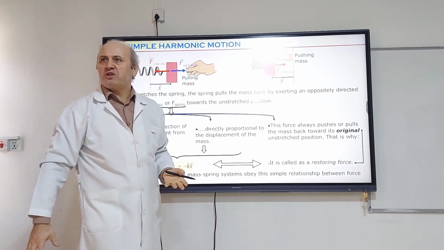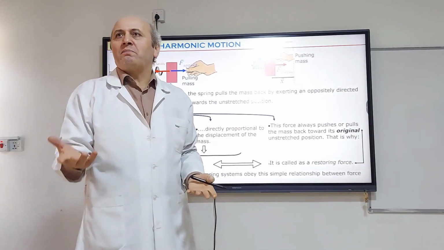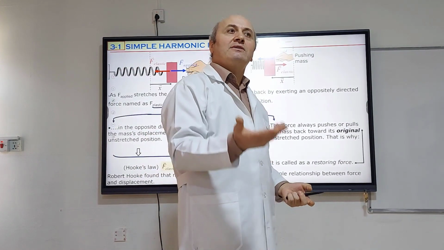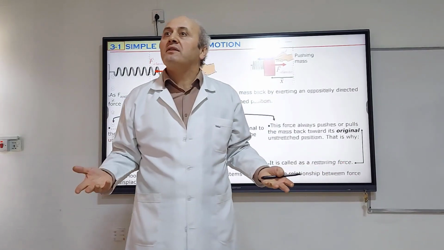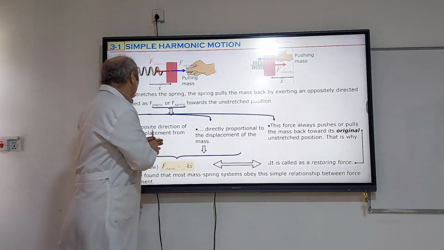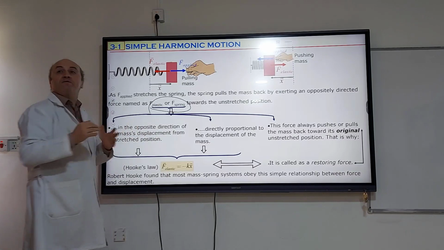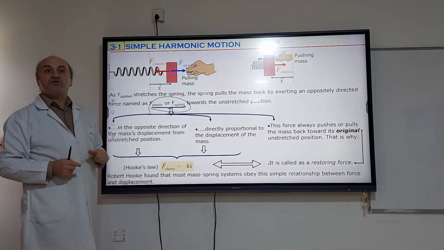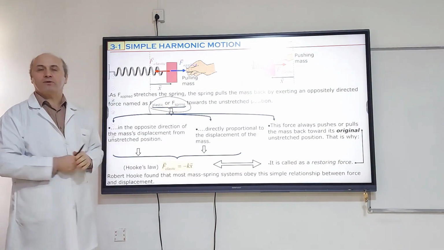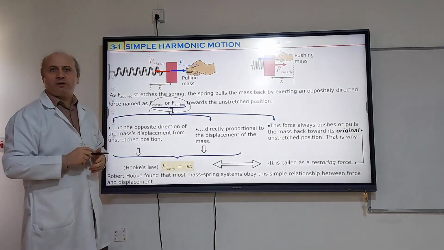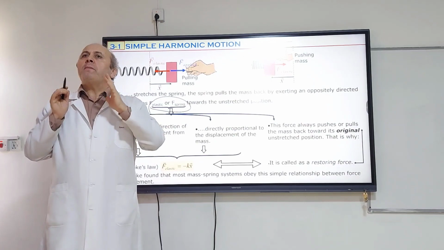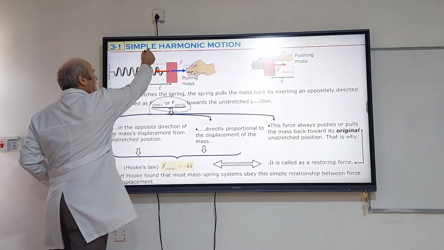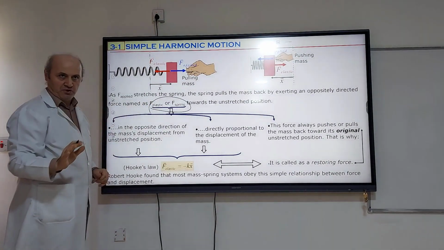It's so natural. Why spring force? Because it's applied by a spring. Why is it elastic force? Because a spring is an elastic object. So this elastic force or spring force is always in the opposite direction of displacement of the mass. Look at the displacement of the mass. When I am talking about displacement, we are comparing its new position with respect to the unstretched position.